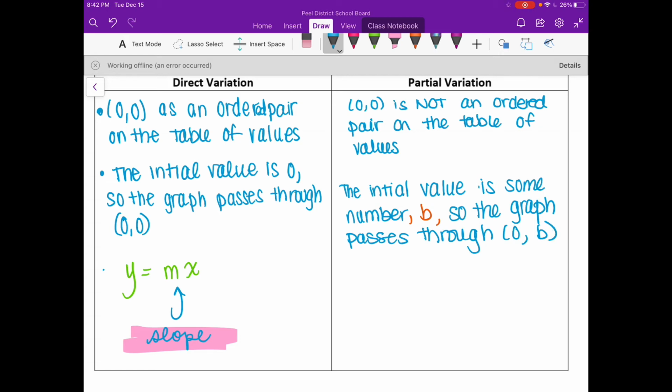So the equation looks like y equals mx plus b, that initial crossing, because it seems to be shifted up a little bit. Okay?